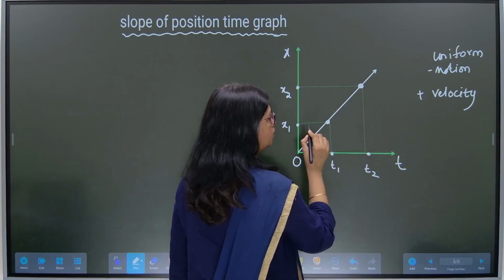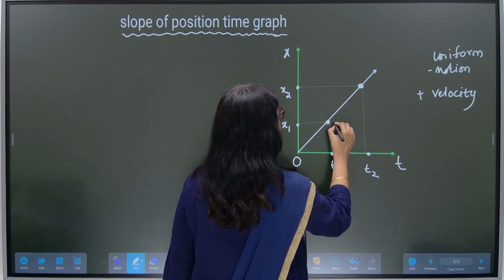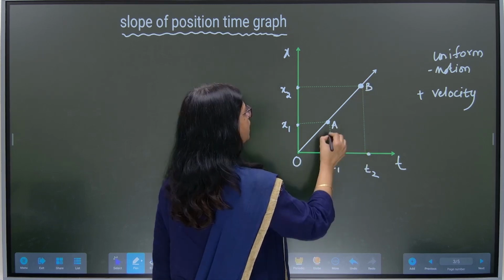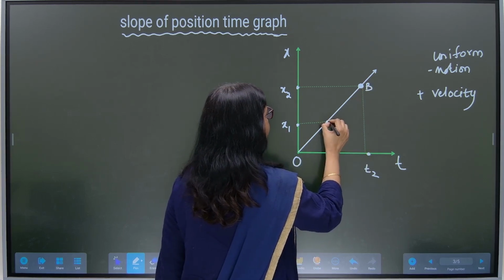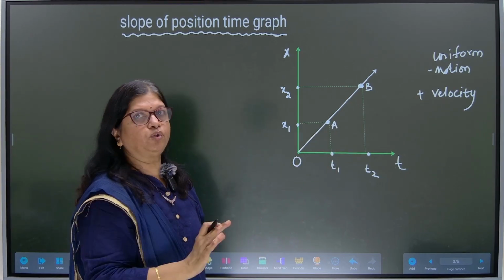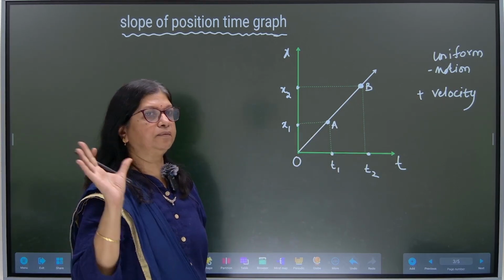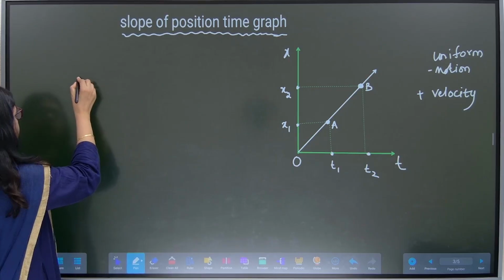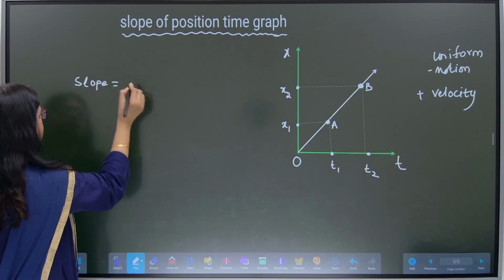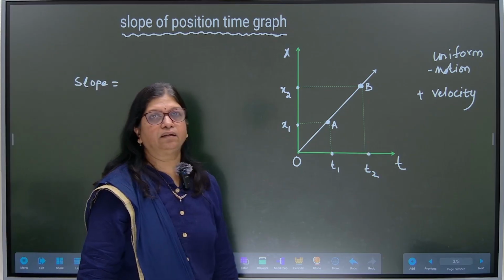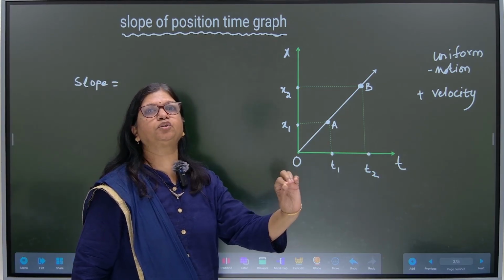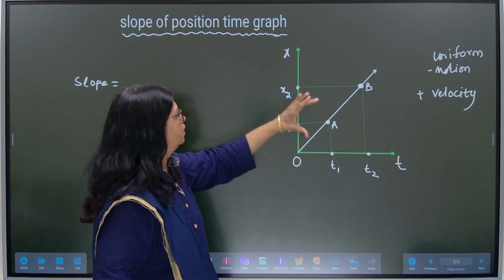Let me name these 2 points as A and B. Now, I want to find out the slope of AB. So, I just write here slope, correct? And what is the formula for slope in maths?